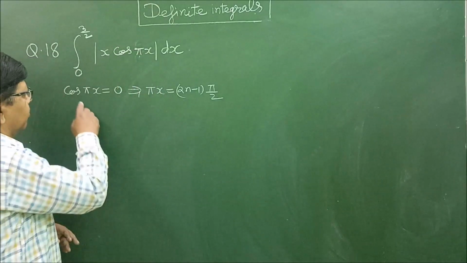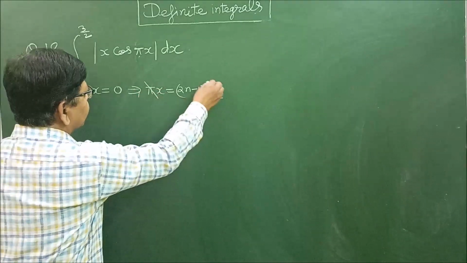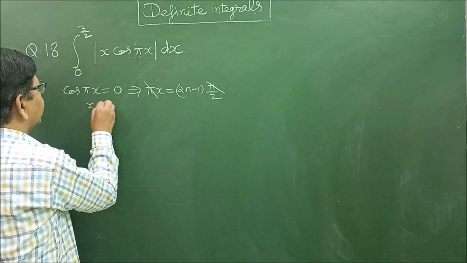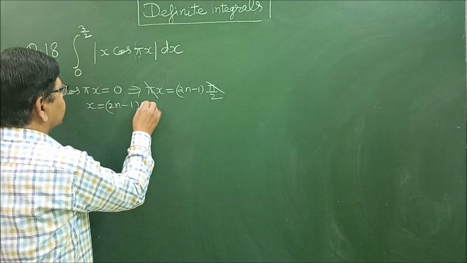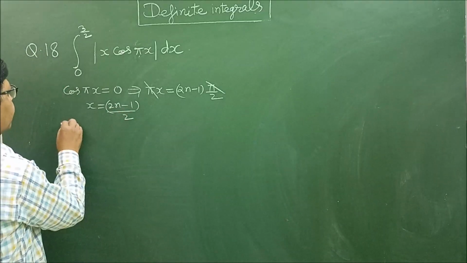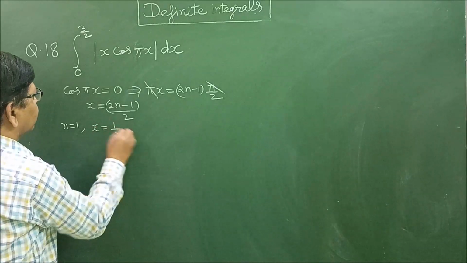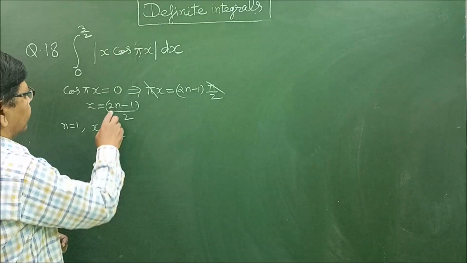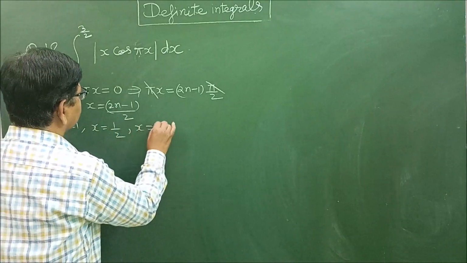So finding the points where cos pi x is equal to 0, pi and pi cancel here, so x is equal to (2n minus 1) by 2. Now if I put n equal to 1, then x is equal to 1 by 2, and when I put n equal to 2, then x is equal to 3 by 2.